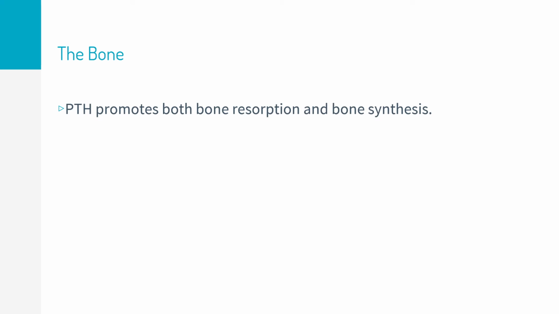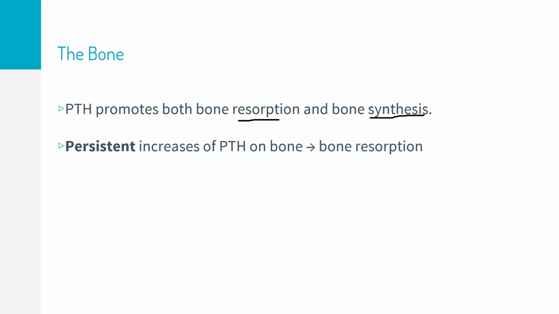Okay, the parathyroid hormone promotes both bone resorption and bone synthesis. This needs to be explained. So, the persistent increases, or the chronic increases, of the parathyroid hormone on bone results in bone resorption.